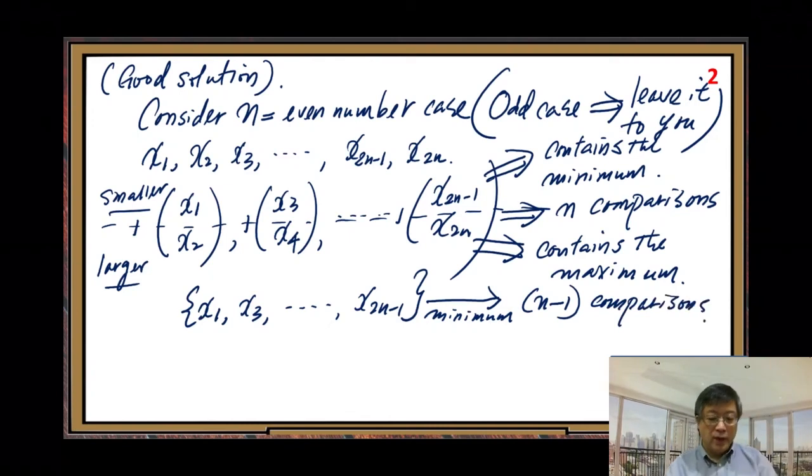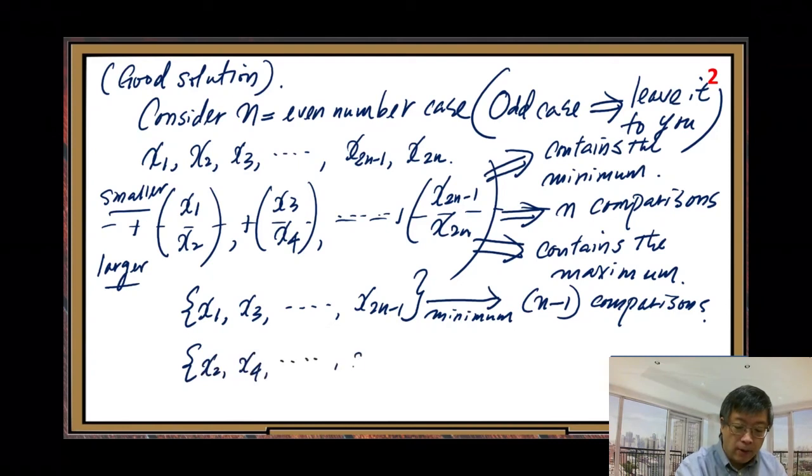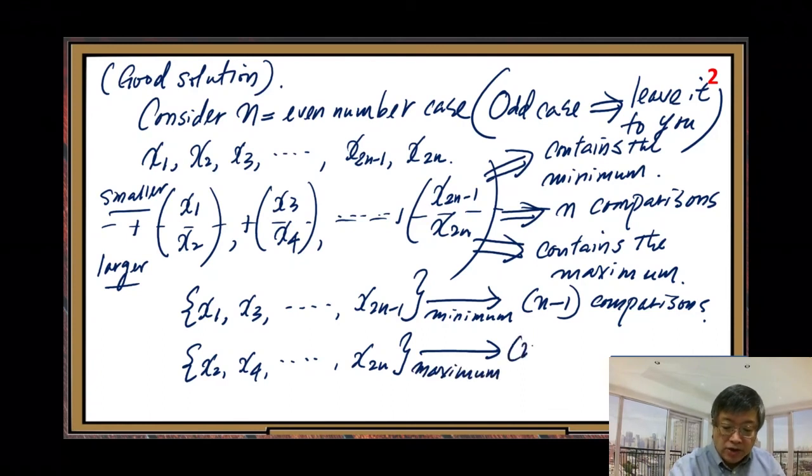Then the bottom group, x2, x4, and the last one, x2n. In this group, we need to find the maximum. We need n minus 1 comparisons.